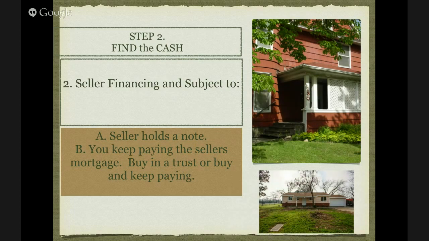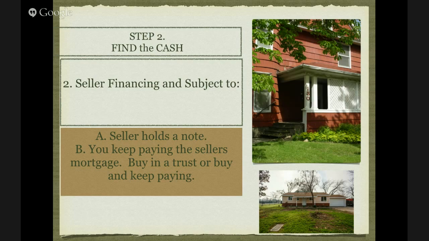In this way, you're depending upon the seller to help you out with financing the deal. The first way you can do it, and I did that with this red house here and a number of other houses on that street, is the seller holds a note. So if you don't have the down payment, the seller contributes the down payment as a note, and you go ahead and get a loan that goes with that.